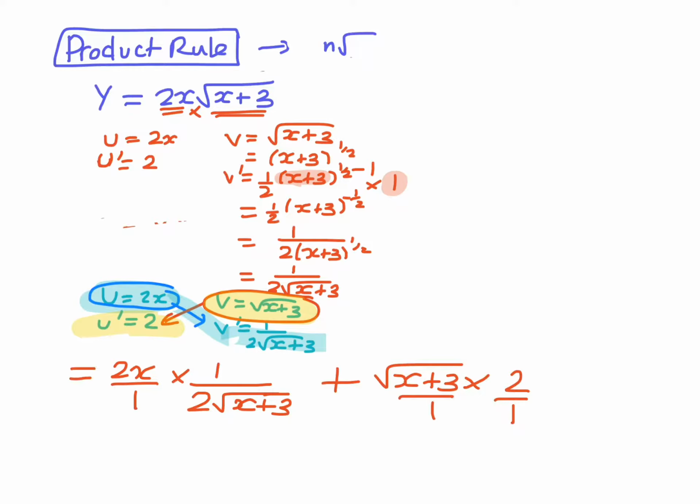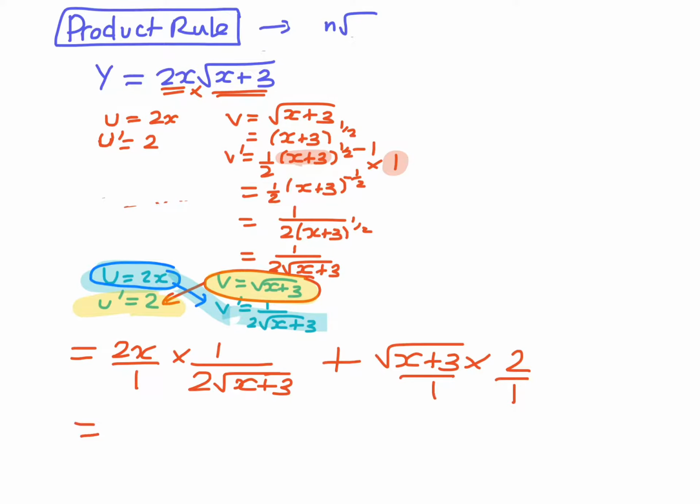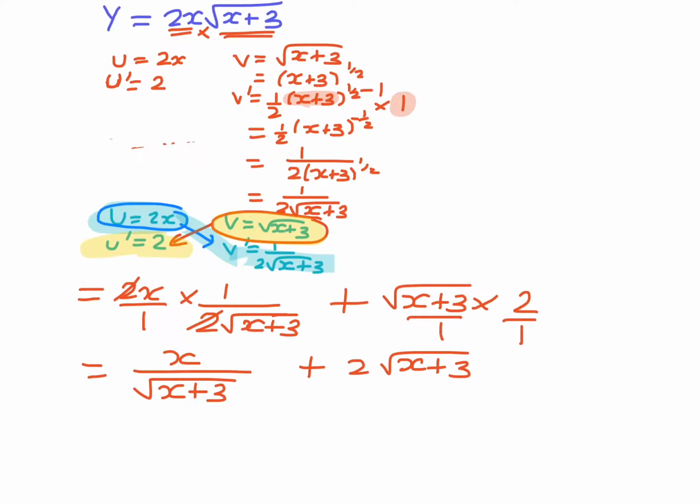So they're both over 1. So if you look at this, the 2 will cancel with that 2 because you can cancel anything on the top with anything on the bottom. 1 times root x plus 3 is root x plus 3 plus 2 root x plus 3 over 1.